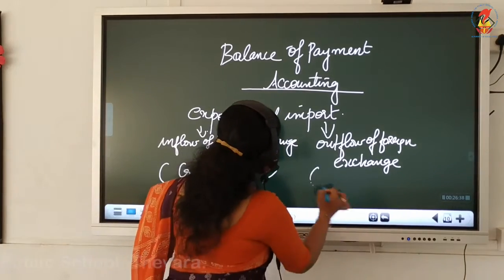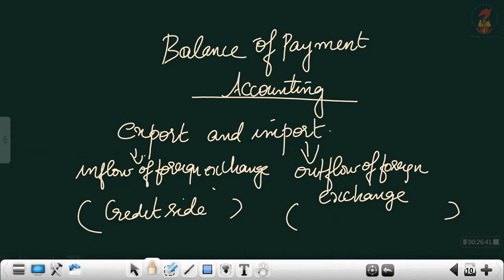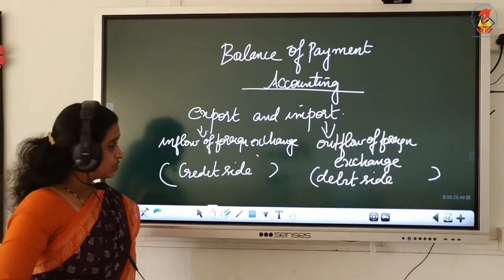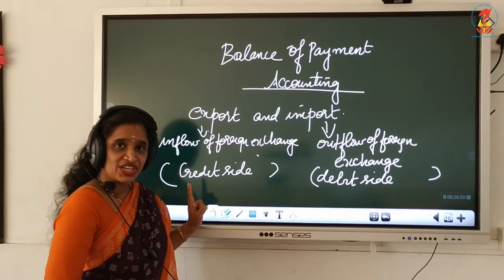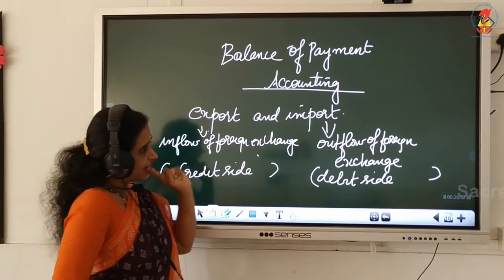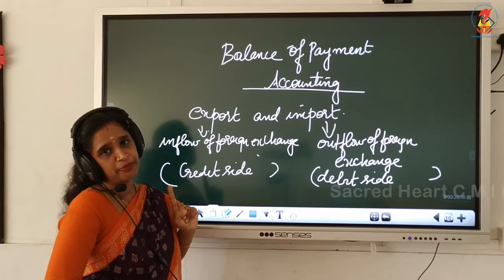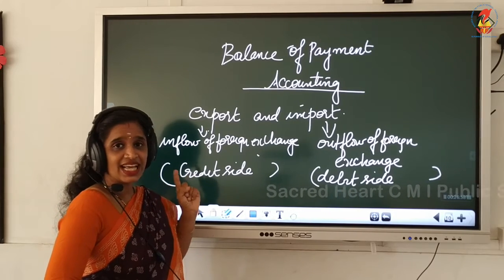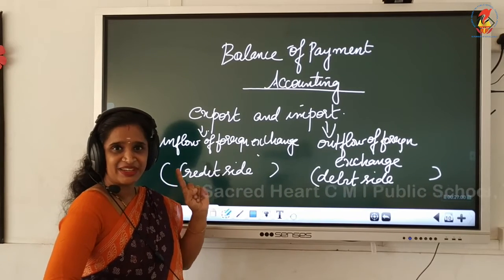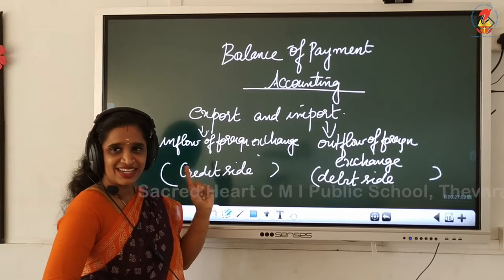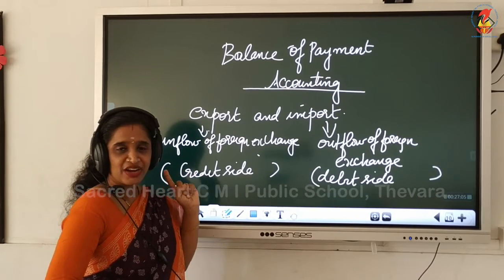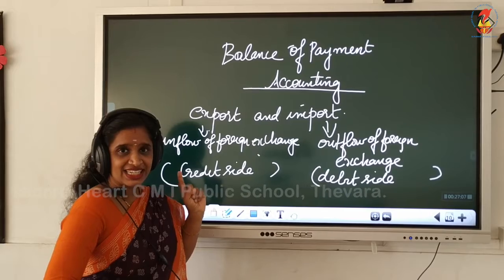And outflow of foreign exchange, the one which is going out, is recorded on the debit side. So the inflow of foreign exchange will be credited and the outflow, the money that is moving out, is debited. Credit side and debit side. You can just recollect everything you have learned in accountancy, isn't it?